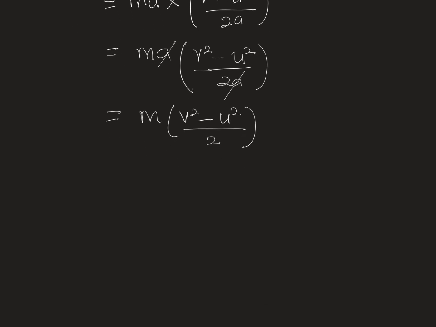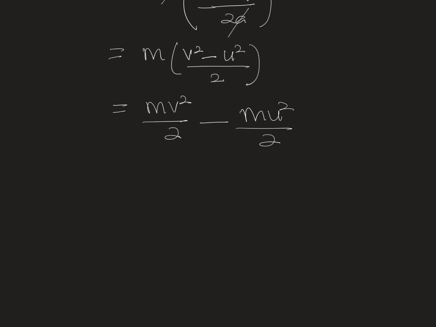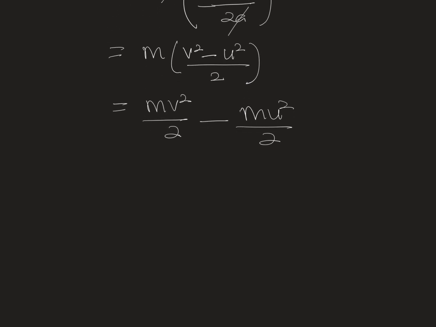So if I expand, I will have mv squared over 2 minus mu squared over 2. We can also go further to say half mv squared minus half mu squared.